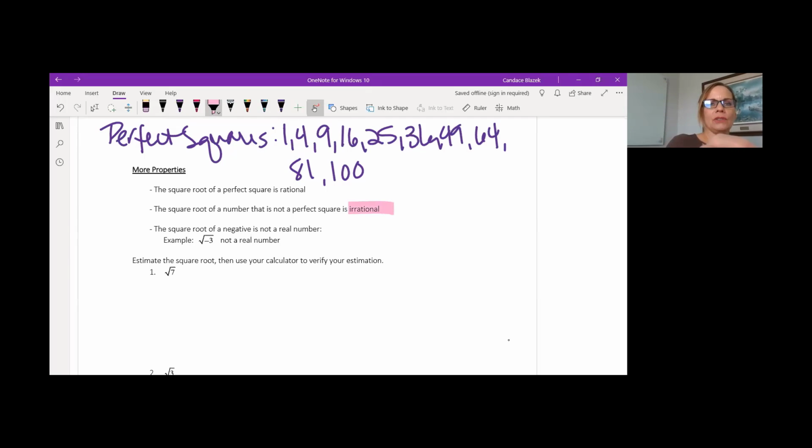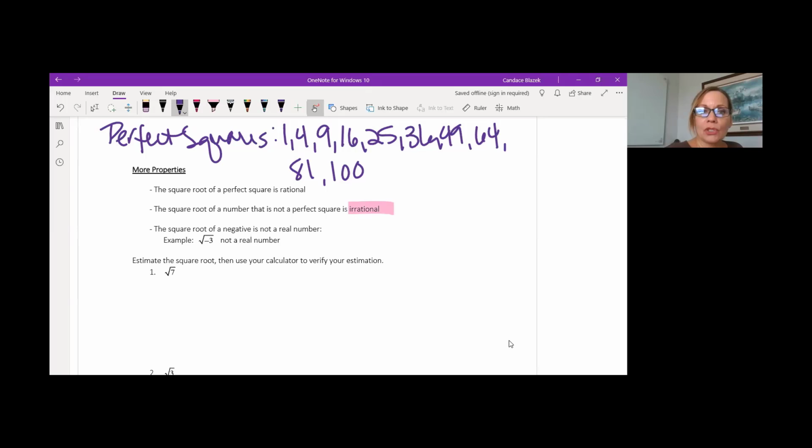An irrational number has a non-terminating, non-repeating decimal. Pi is probably the most famous irrational number because when you divide out pi, you get a non-repeating, non-terminating decimal.